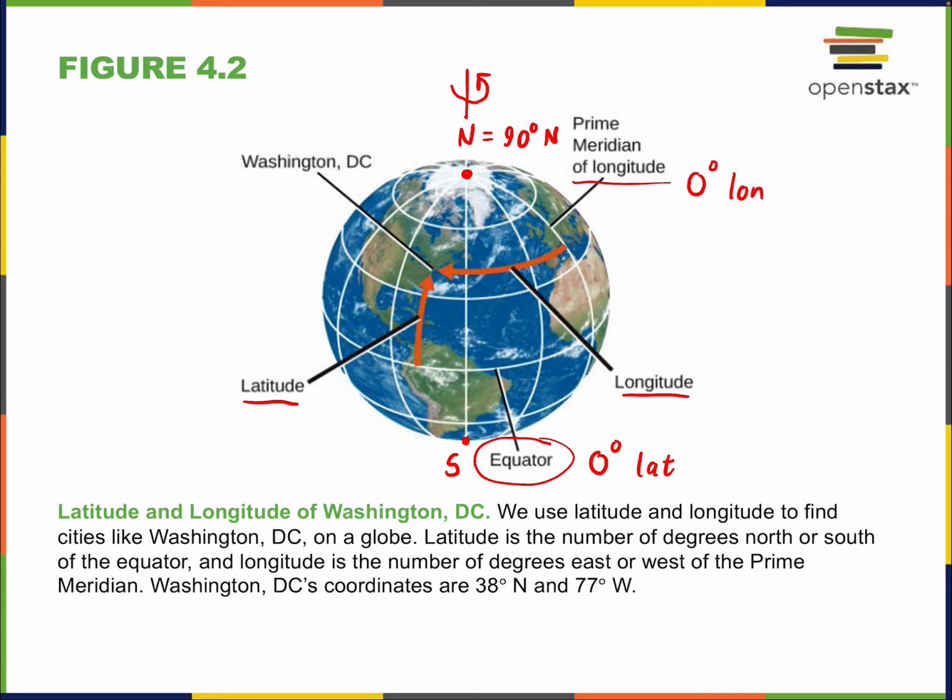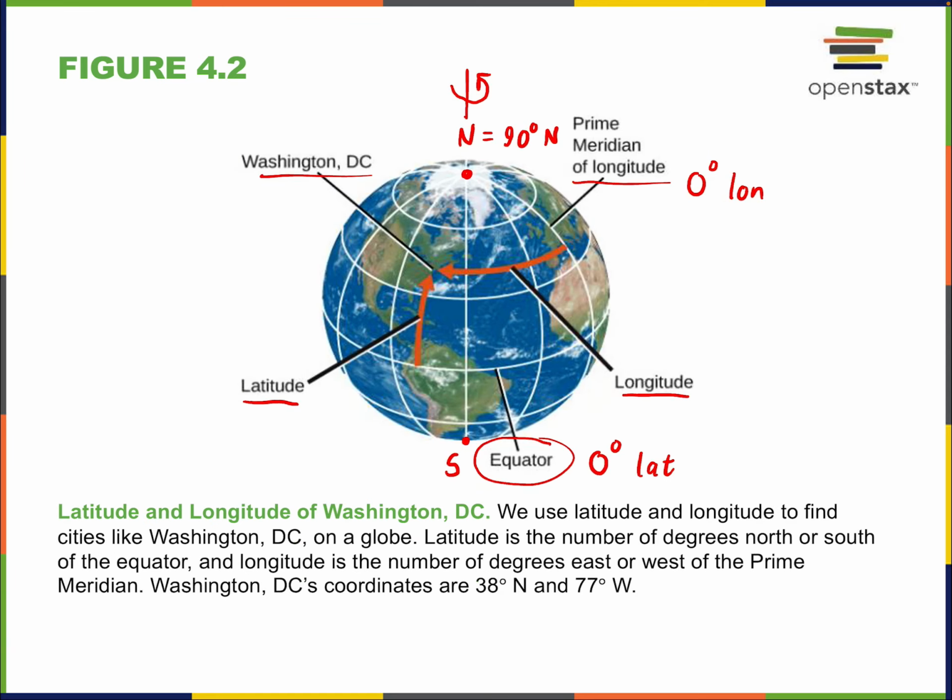Okay, and then we can define any location on Earth by its latitude and longitude. For example, Washington D.C. would be approximately on the order of 40 degrees north latitude, and looks about maybe 65 degrees west on the longitude.